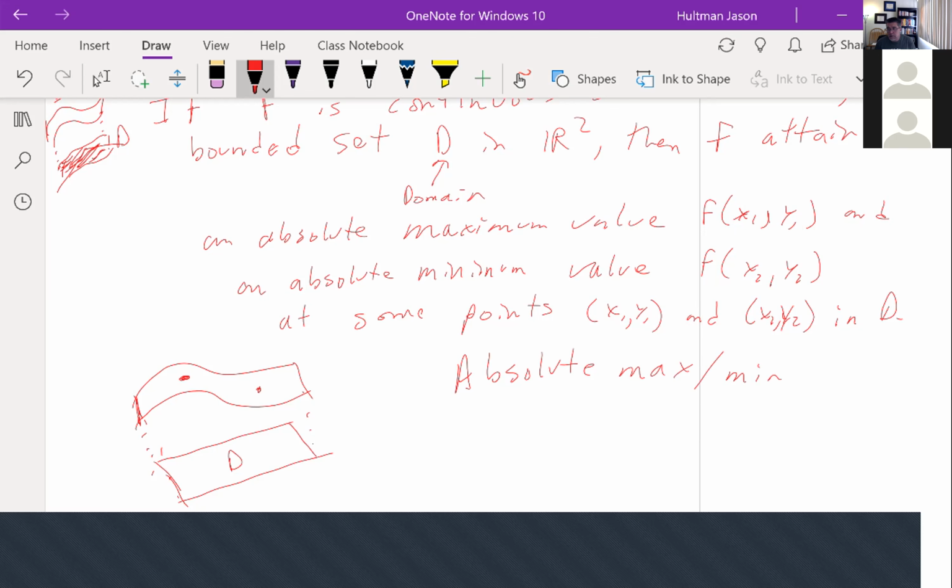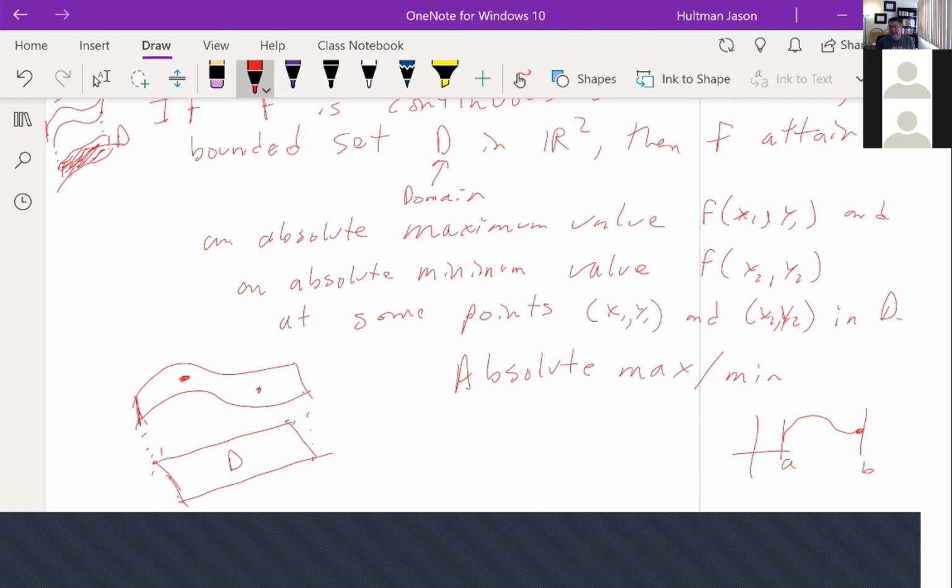What's your absolute max and min? Well, there's got to be one because it's a closed, bounded set. How did we get absolute max and min before? Well, when we cut off our domain and said the domain is AB. Here we're restricting our domain, therefore we're forcing there to be an absolute max and absolute min.